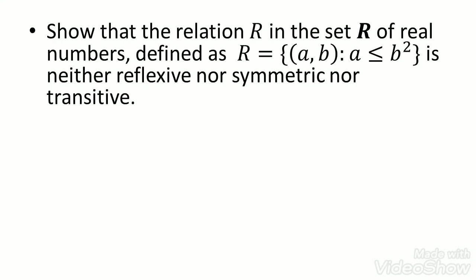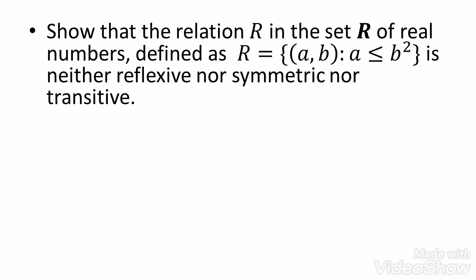Suppose there is a problem: show that the relation R in the set of real numbers defined as R equals {(a, b) such that a is less than or equal to b squared} is neither reflexive, nor symmetric, nor transitive.